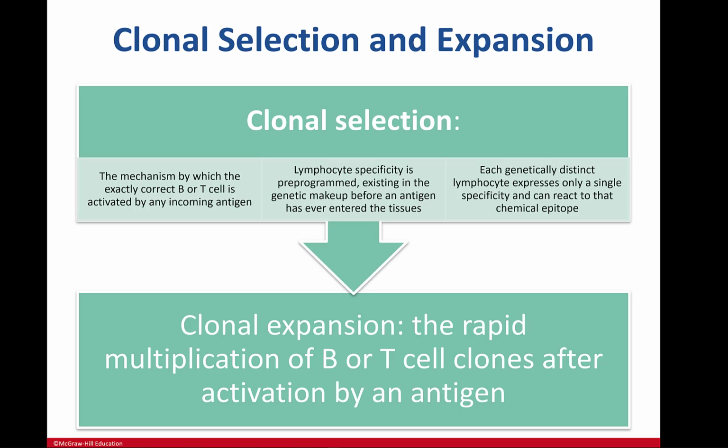The mechanism by which the exact correct B or T cell is activated by any incoming antigen: the lymphocyte specificity is pre-programmed and existing in genetic makeup before the antigen ever has entered the tissue. Each genetically distinct lymphocyte expresses a single specificity. So when we have a clonal expansion, we push the button of the one that actually works.